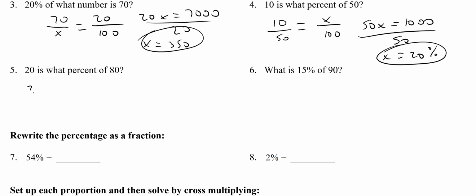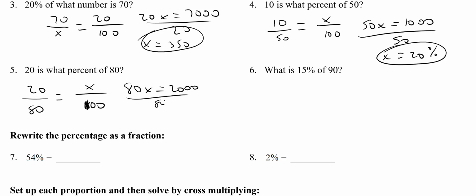So again, 20 is what percent? That's what you're looking for. 80, oops, sorry, this is 100, and of 80. So 80 is over here. Cross multiply, so it's 80x is equal to 2,000, divided by 80. So x comes out to be 25%.